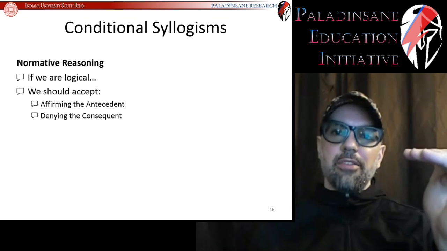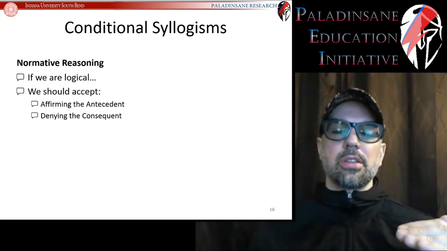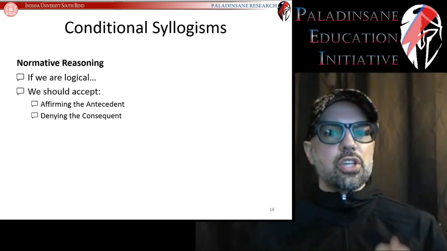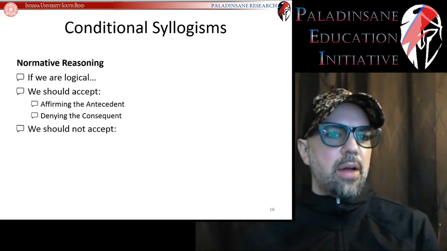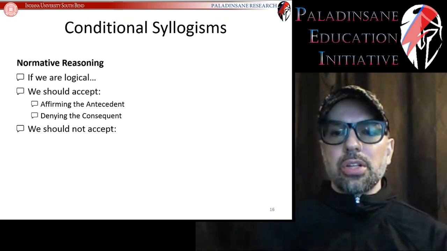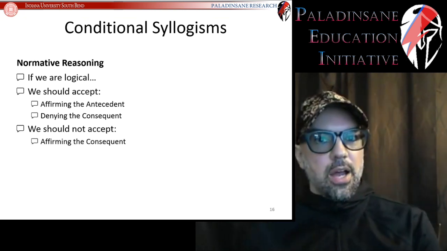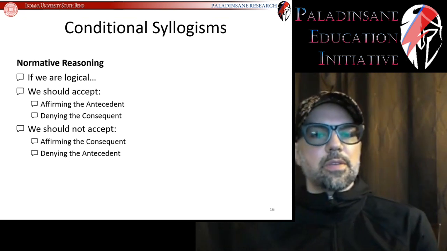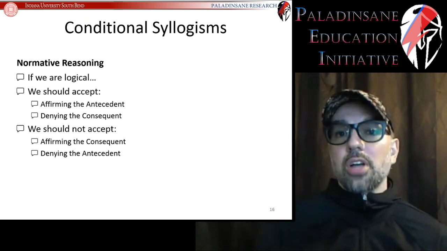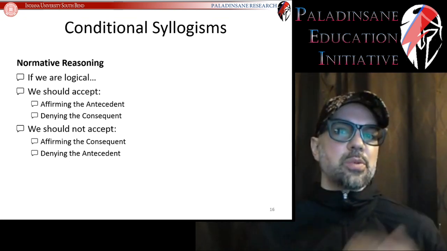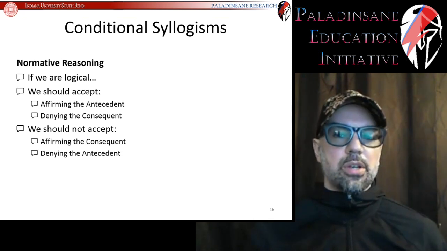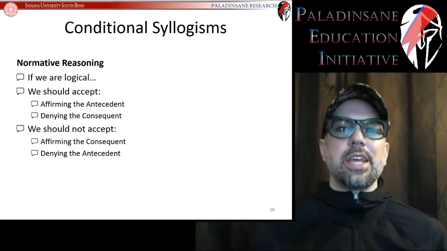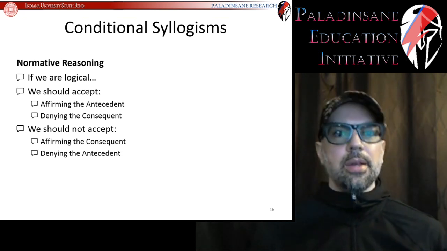So we should accept the if P then Q, Q is false, therefore P is false. We should accept those arguments. And we should not accept, we should call people out on this, the conclusions that come from affirming the consequent because that's an invalid argument, nor should we accept the conclusions from denying the antecedent because that's also an invalid argument. So that's what we should be doing. We should accept the valid arguments. We should reject those invalid arguments.